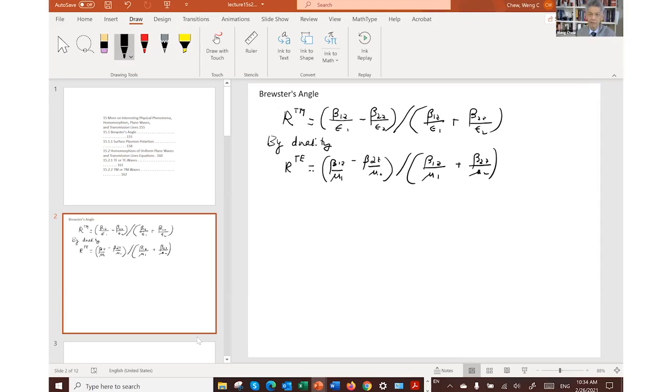So you notice a very marked difference between the two reflection coefficients. One of them is only dependent on epsilon_1 and epsilon_2. The other one is only dependent on mu_1 and mu_2.